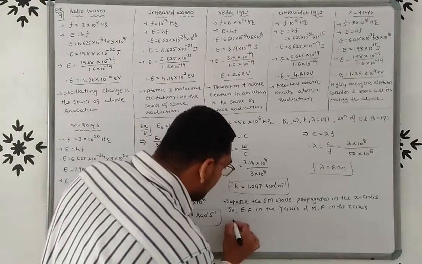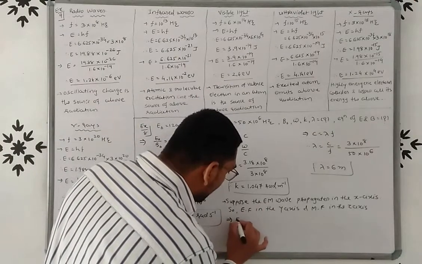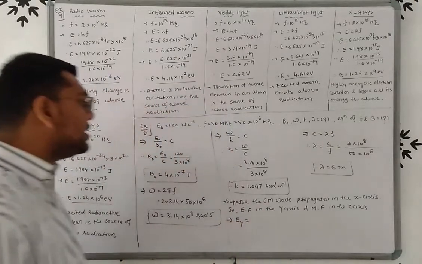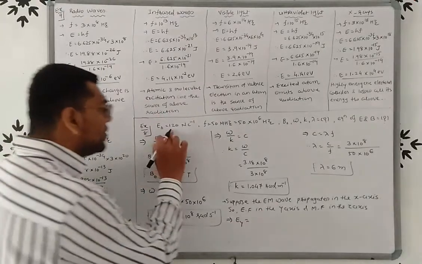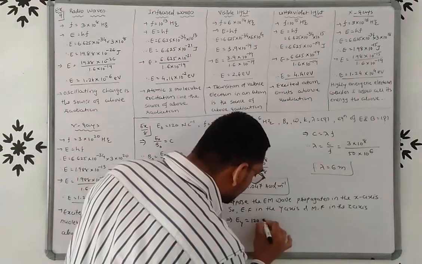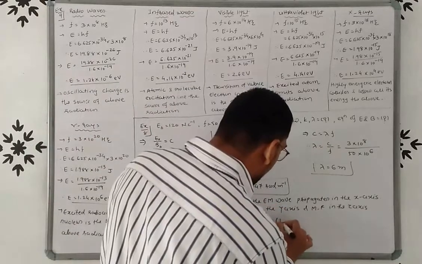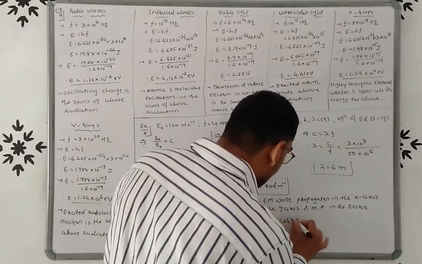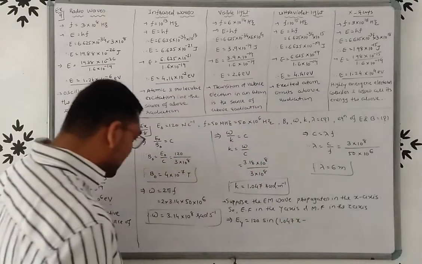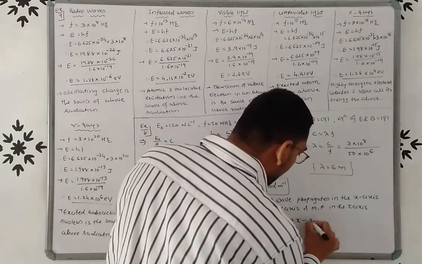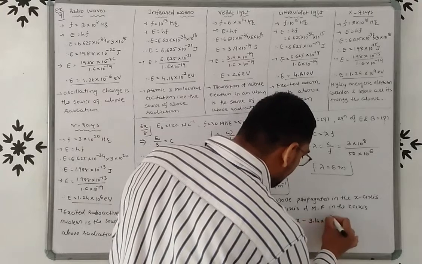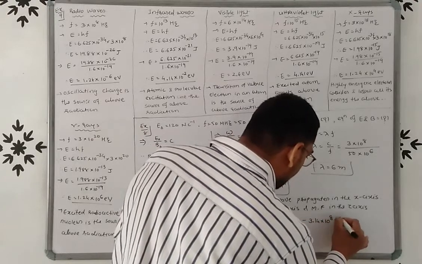So we can write Ey equals E0, the value of E0 is 120, sin of kx, where the value of k is 1.047x, minus omega t, where the value of omega is 3.14 into 10 raised to 8 t.